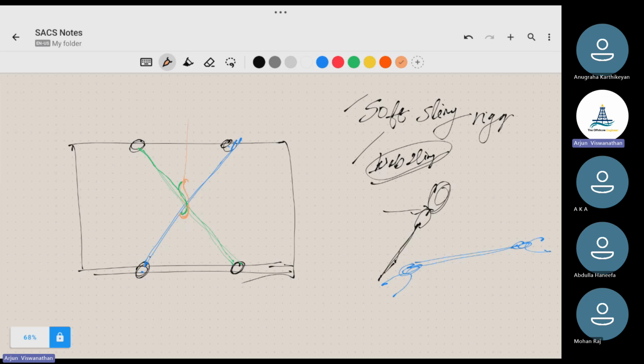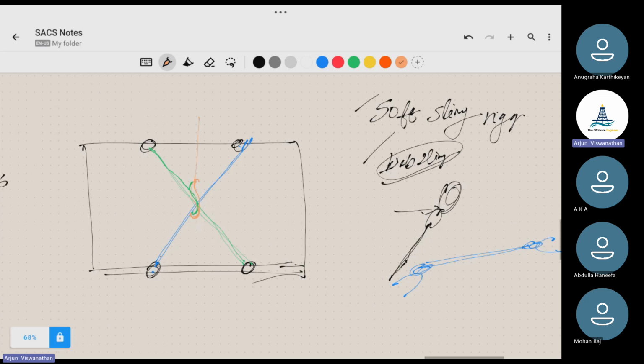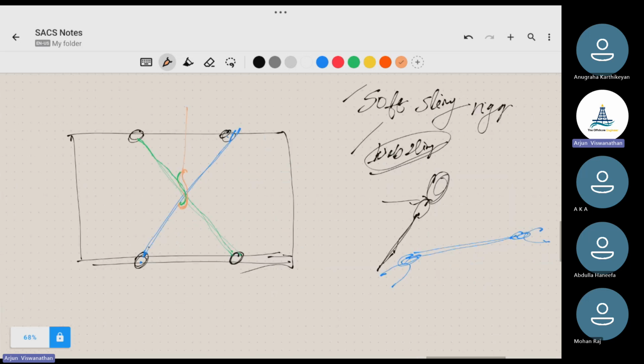It's matching. Now, let's say my total weight is 100 tons.